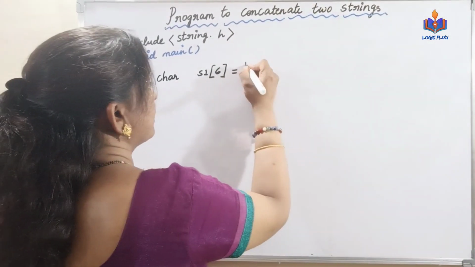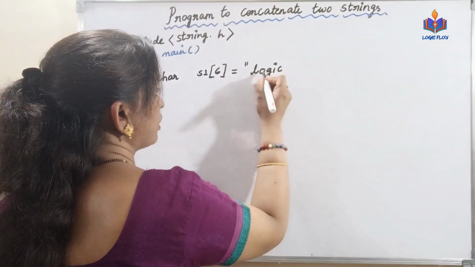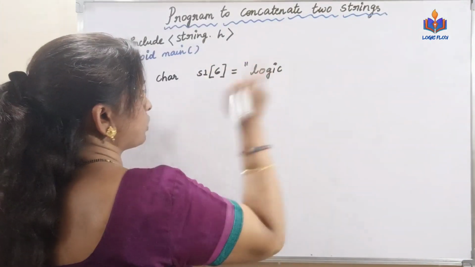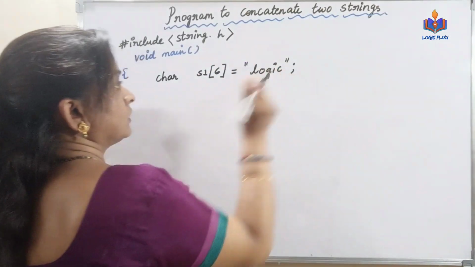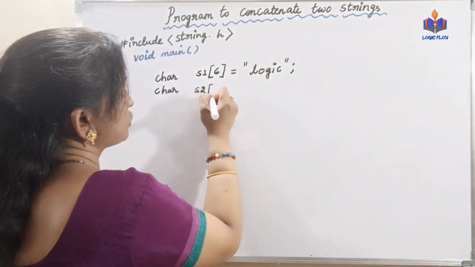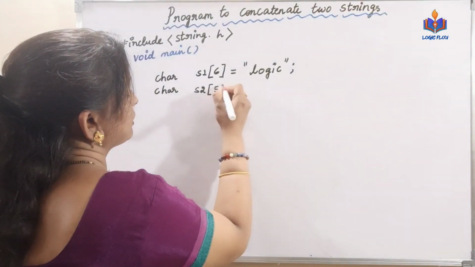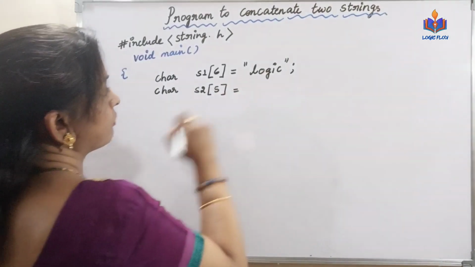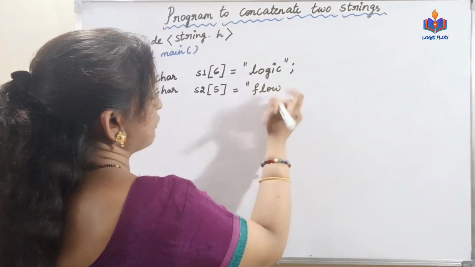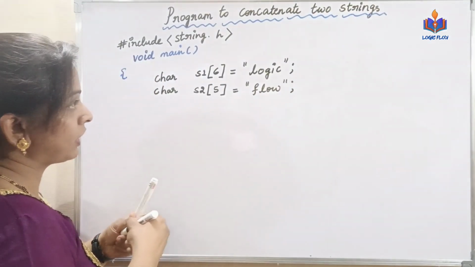So LOGIC is 1, 2, 3, 4, 5 and one extra byte to store the null character. With actual size, let me declare it. S2, say FLOW, totally it is 5. FLOW is 1, 2, 3, 4 and one extra for the null character. So here how will the memory be allocated?